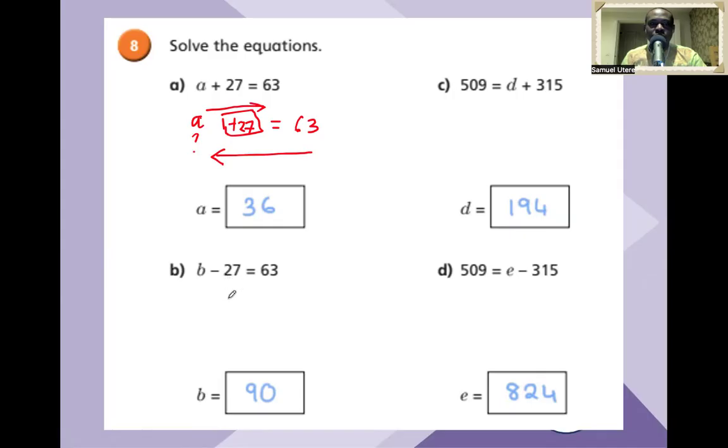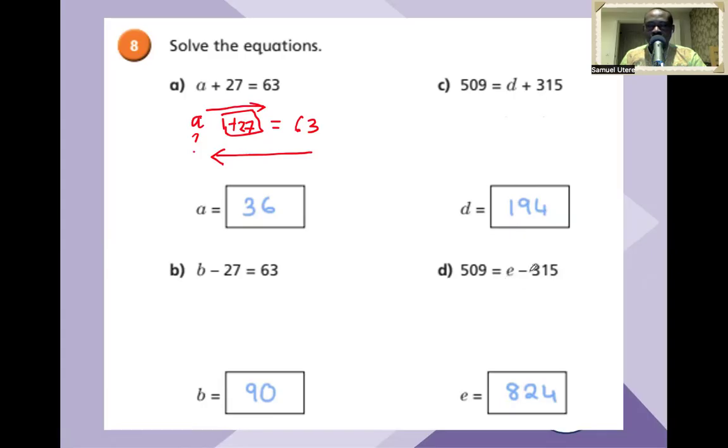Okay, so going this way, we subtract 27, and then to get B, we add 27. Here is the same thing. We know that we have to add 315. So to get D, we do the inverse, we get 509 subtract 315.